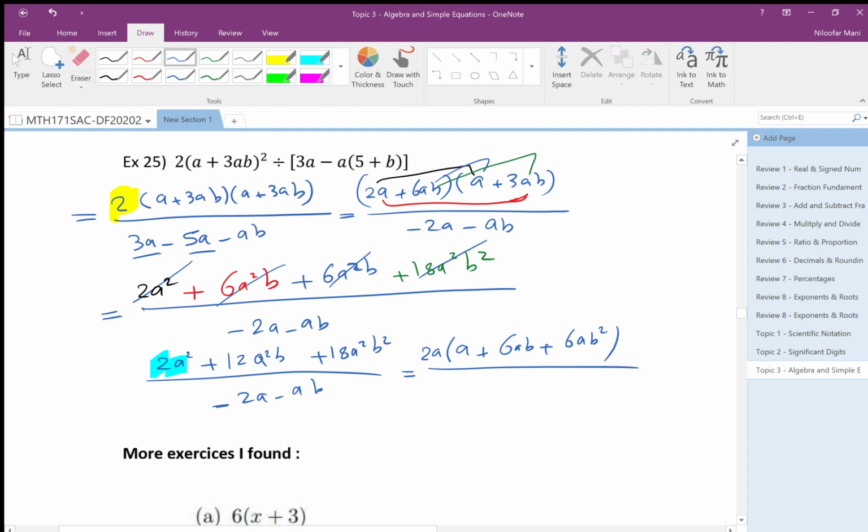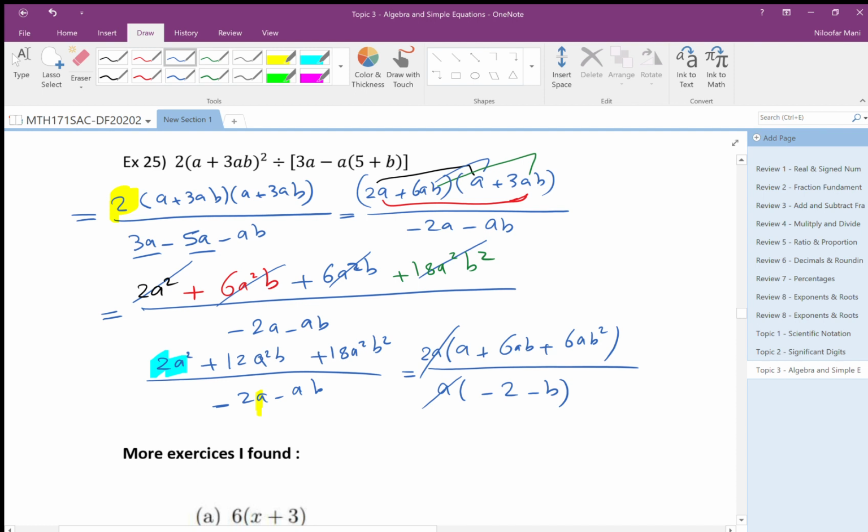What can I cancel from bottom? Do I have anything in common here? Yes, this is in common. So I can factor a, so it is a times minus 2 minus b. Okay, and then I can cancel.